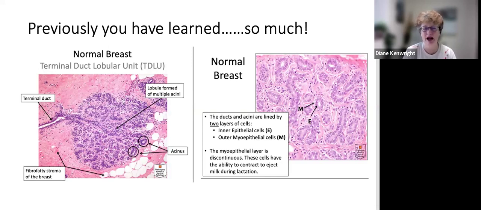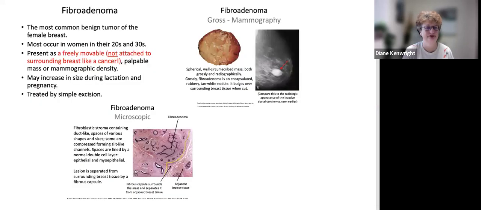Previously, you've learned about the normal structure of breast, how it is arranged in acini, and each of the little acini are lined by two layers of cells, an inner epithelial cell and an outer myoepithelial cell. You've learned about some common conditions such as fibroadenoma, the most common benign tumor of the female breast occurring in young women.